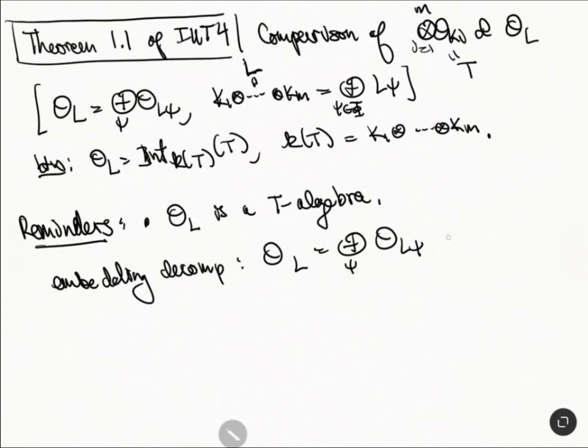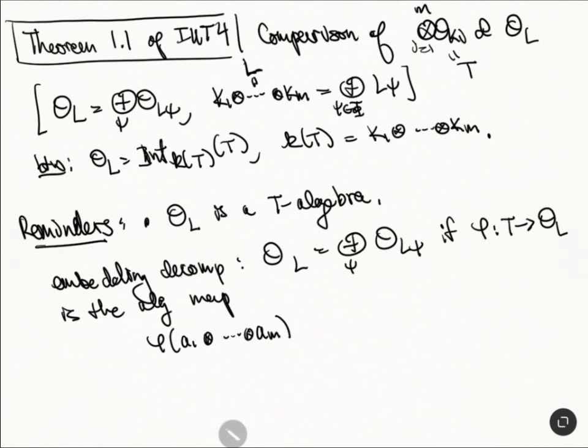where this map from T to O_L is the algebra map. We can write it as follows: it sends a_1 tensor up to a_m to ψ_1(a_1) through ψ_m(a_m), and this runs over a suitable collection of representatives of the embeddings.